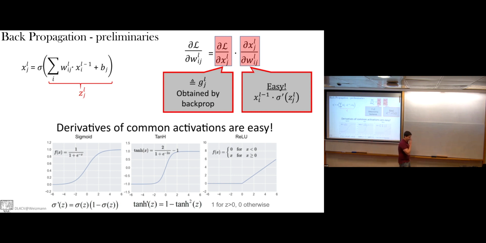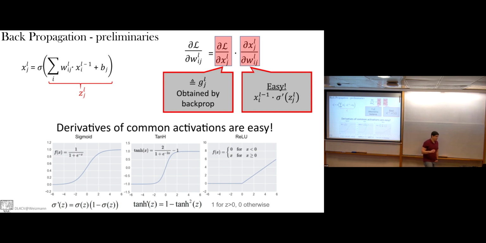So we're after this G, what we now call G. Just to use words, G is the gradient of the loss, but with respect not to the weights, but with respect to the actual neuron values.